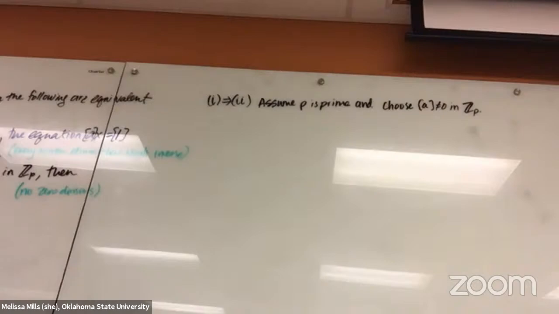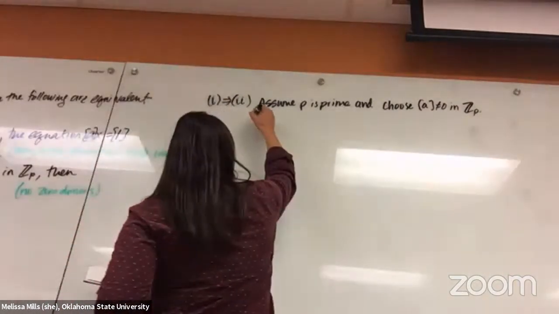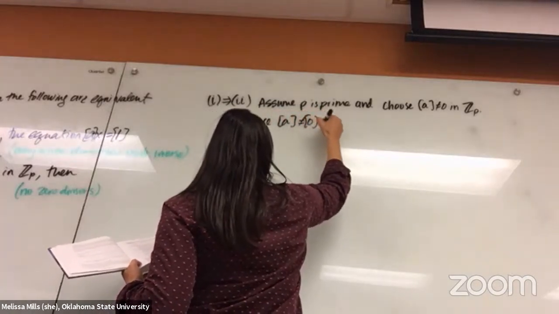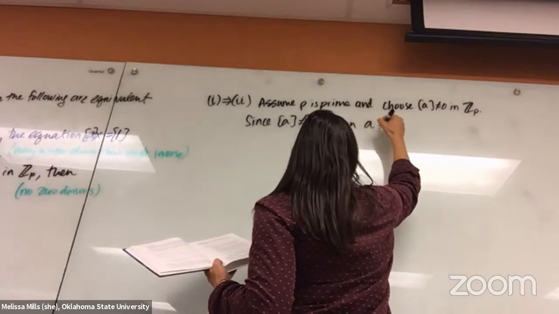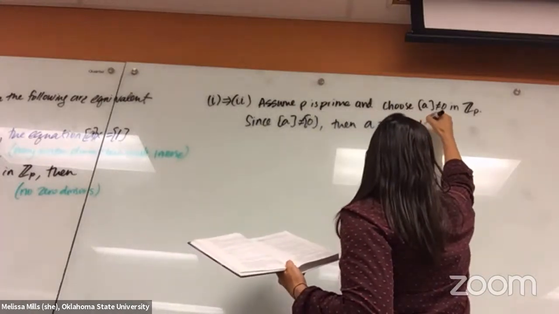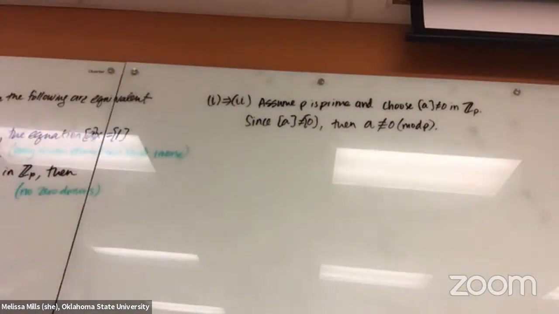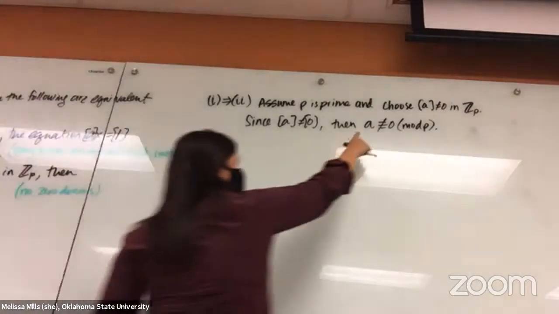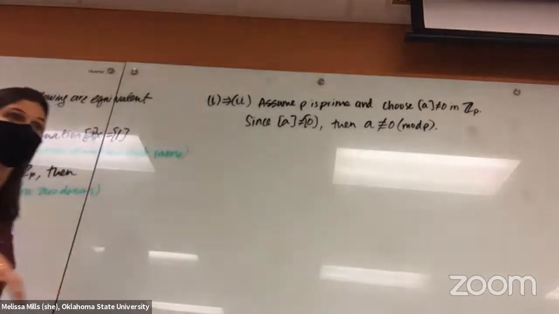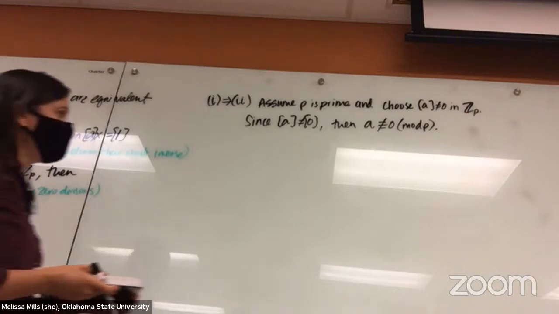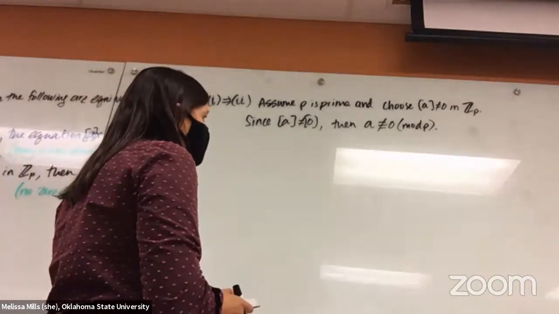So we know that A is not congruent to 0 mod P. And now this A and that 0 are just regular old integers. Right? So I've translated back into integers. So what does that mean? If A is not congruent to 0 mod P, what does that mean?